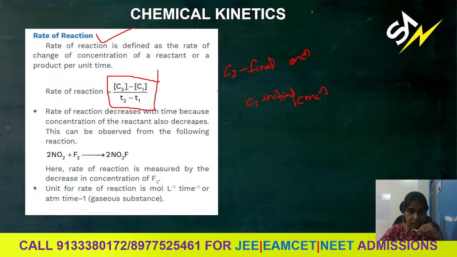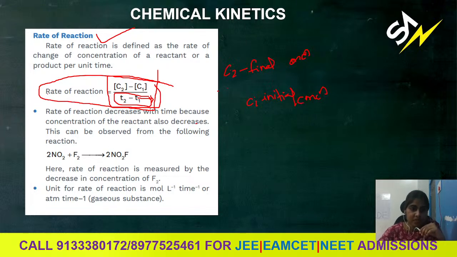So the difference between the final and initial concentration is given by C2 minus C1, and T2 minus T1 is the time difference. T2 is the time at the end of the reaction, and T1 is the initial time at which the reaction started. So the difference in time is taken as T2 minus T1, and this exactly gives the rate of reaction.